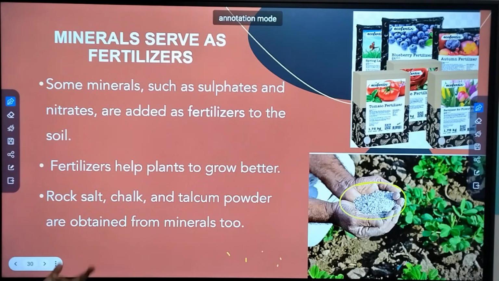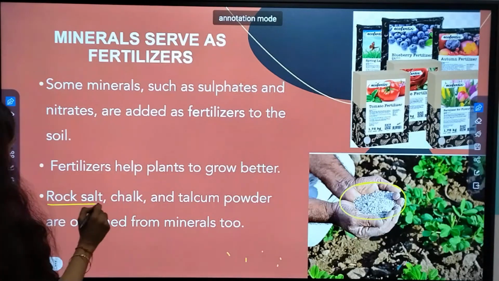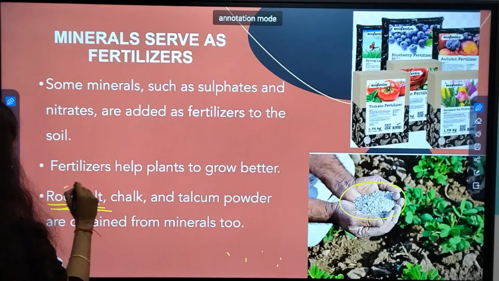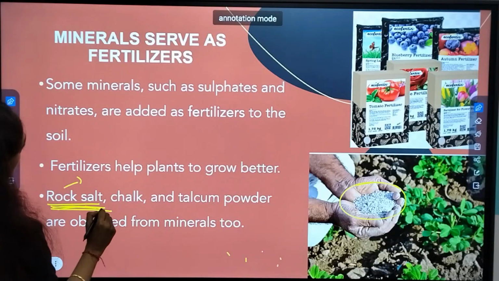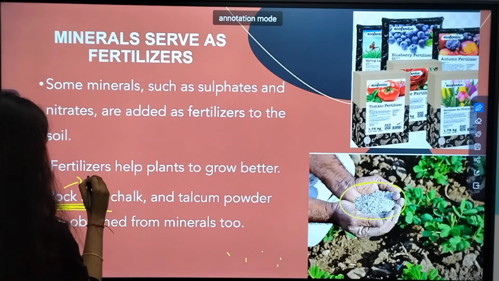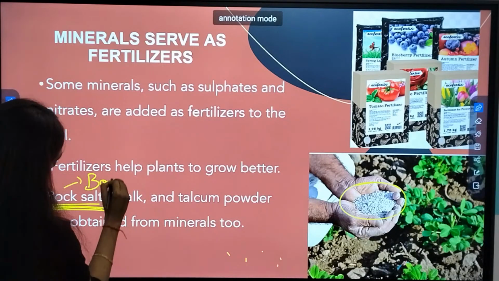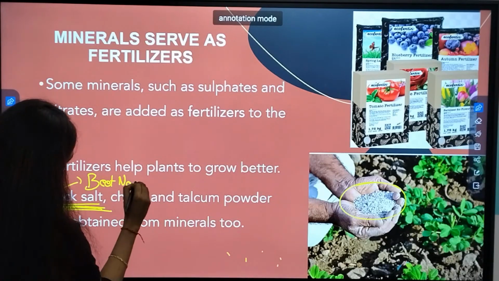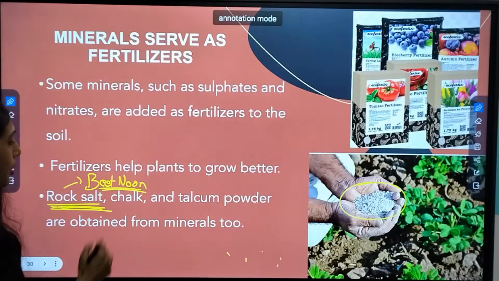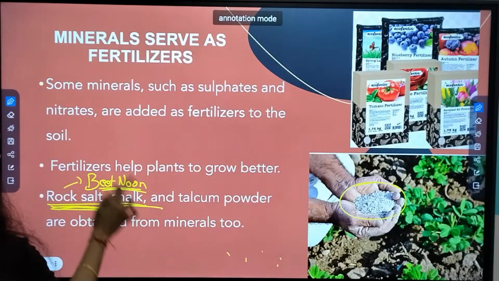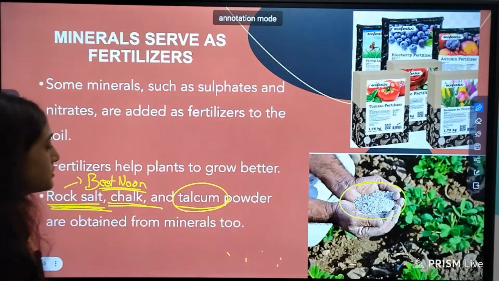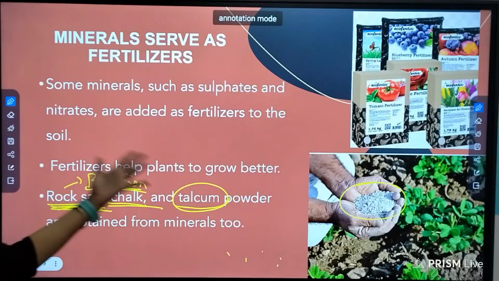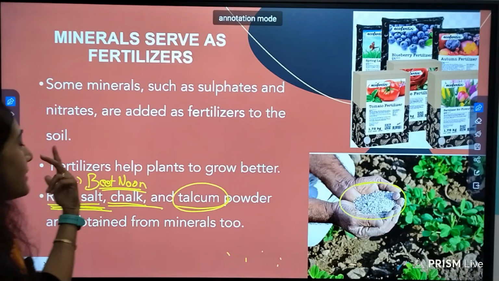Rock salt, chalk and talcum powder are obtained from minerals too. Rock salt, in Bengali you say this, beet noon. Chalk, you have often seen your teacher use chalk on the blackboard, and talcum powder you use during the summer days. So these are also obtained from minerals.